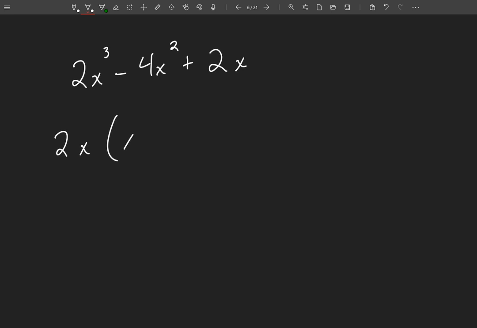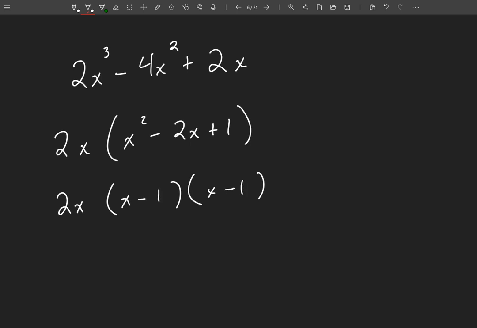What's left? X squared minus 2x, right? And then plus 1. Now I can factor this. What multiplies to give me positive 1, but adds to give me negative 2? That can be a little tricky if you're not used to thinking about things with ones, because it gets a little weird. That's minus 1 and minus 1.